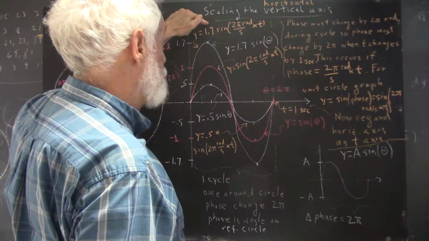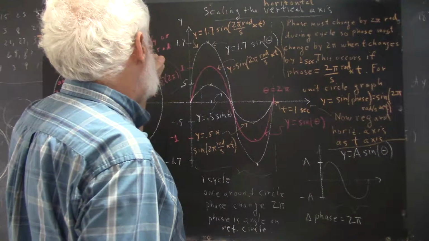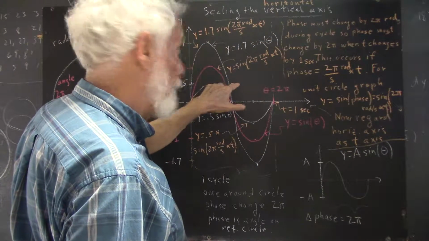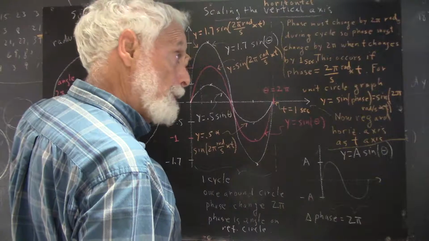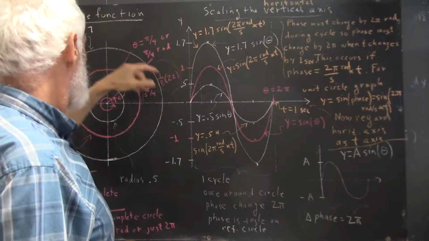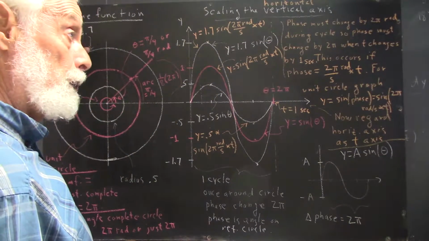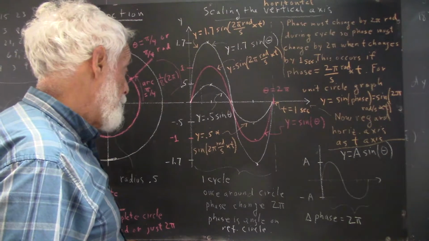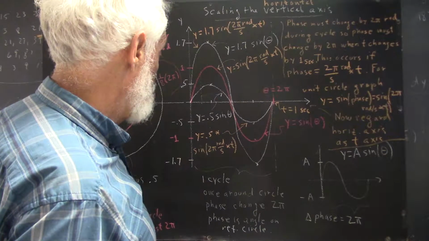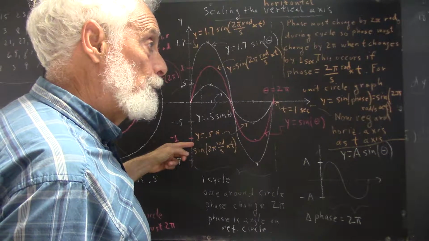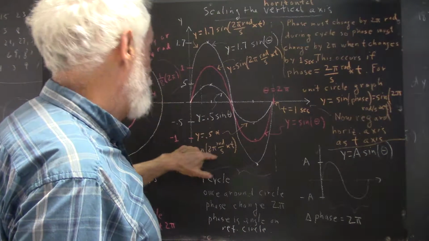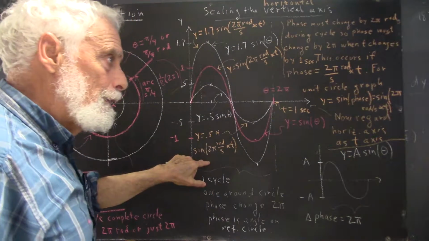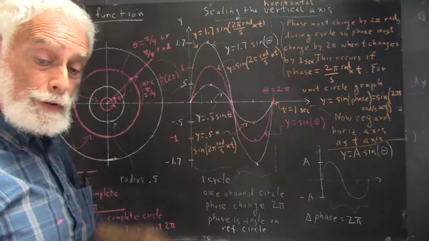So this function is just 1.7 times this, meaning that for any t, the y value here is 1.7 times the y value here, and that's exactly what it should be if this circle really does have radius 1.7 to the unit circle radius, with the unit circle having radius 1. And similarly down here, just y equals 0.5 times the sine of 2 pi radians per second times t, half the y value of this function at every point.